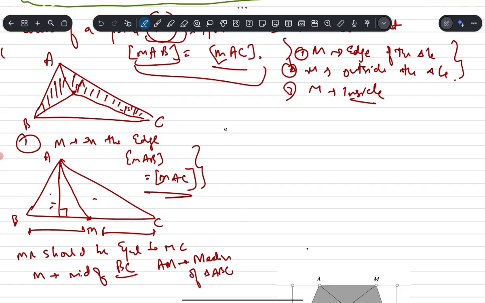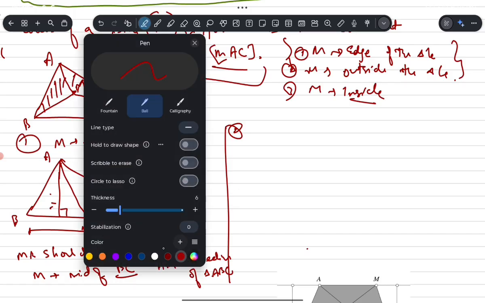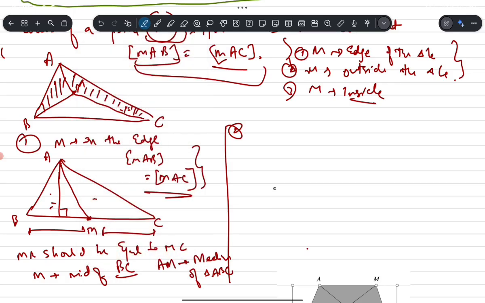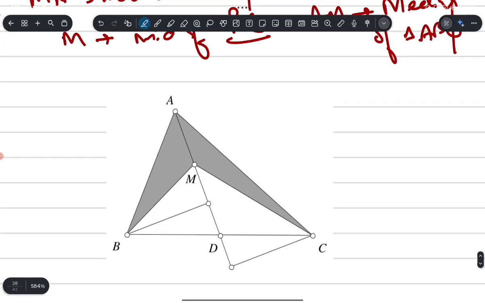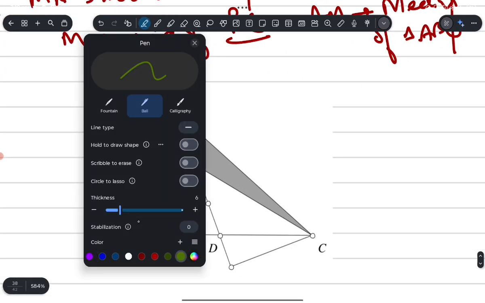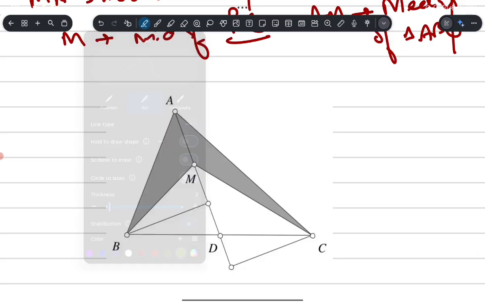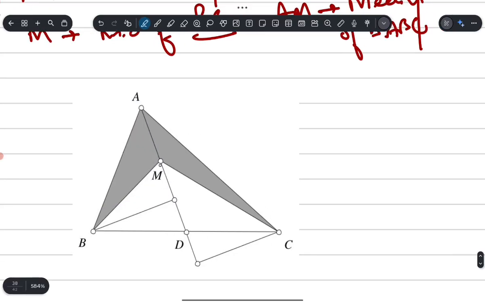Sweet. Now, second case. M is inside this diagram. Let me change the color. All right, so M is inside the triangle. Now we can use this diagram actually. Let me decrease the size as well. So M is lying inside. We're supposed to follow again the same condition, MAB equals MAC, right?